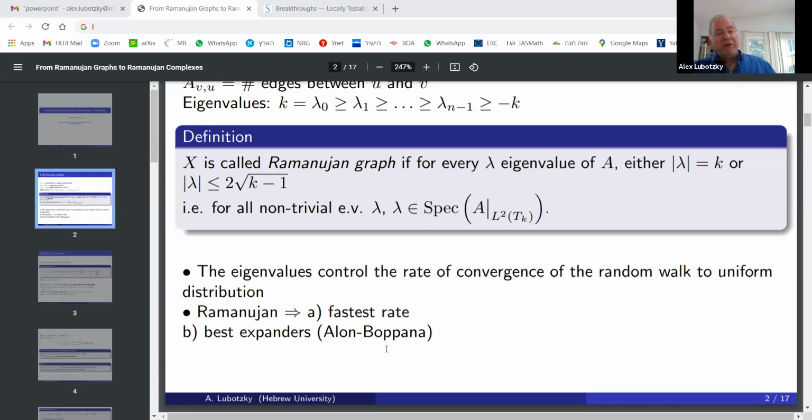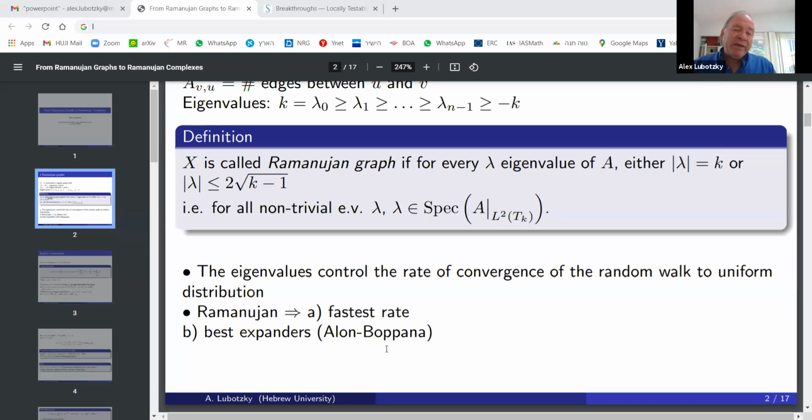But the theorem of Alon-Boppana says that you cannot do better than 2 square root of k minus 1. Let me be more precise. For a single graph, you can do better than that. But if you want an infinite family of k-regular graphs, and you want to bound the non-trivial eigenvalues, the best you can opt for is 2 square root of k minus 1.